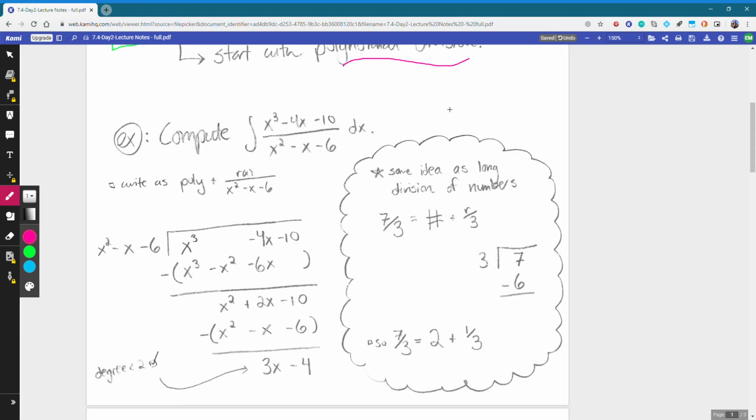Okay, so here we were looking to compute an integral, and indeed, looking at the degrees, the degree up top is greater than or equal to the degree in the bottom. We got 3 upstairs and 2 downstairs, and so we can't just try and use partial fractions at this point. We need to do some work.